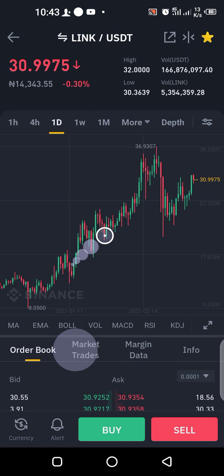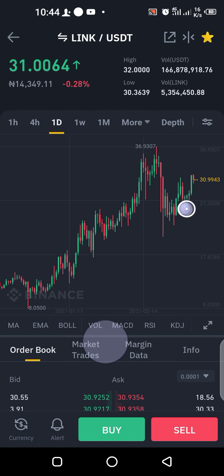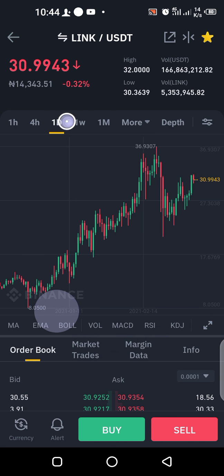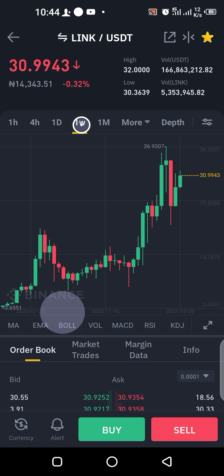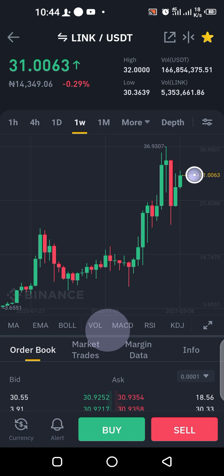Now, if you look at the past 7 days and you switch to your weekly chart, you see that the market was bullish. This was the past week candle, and you see that it was bullish. And when it is bullish like that, the price got to this point and it got pushed down and closed here.